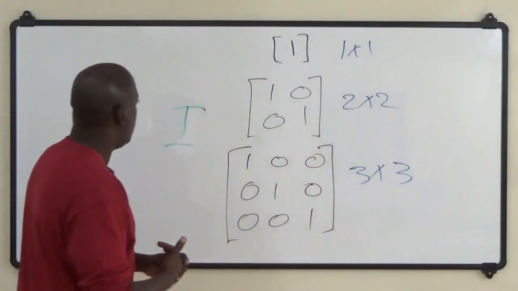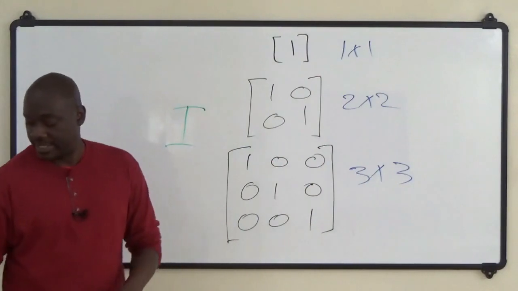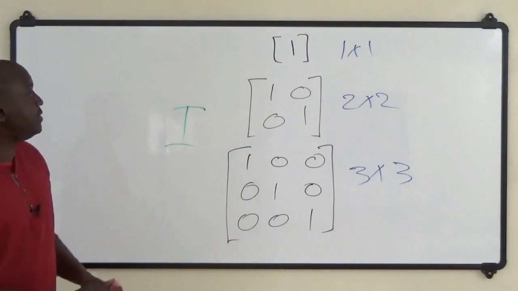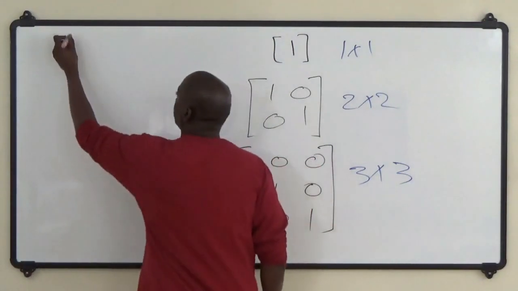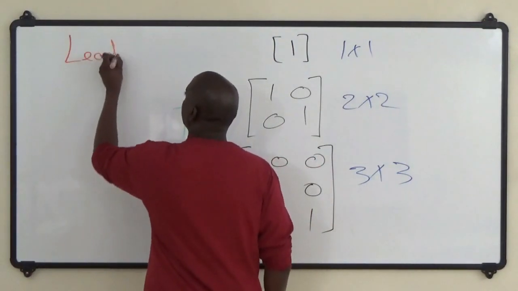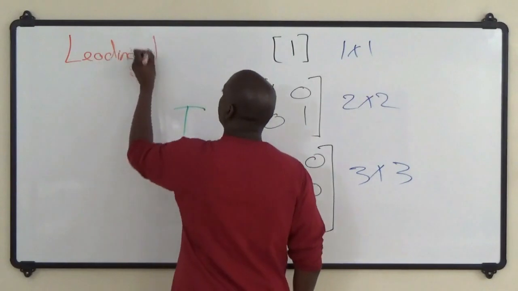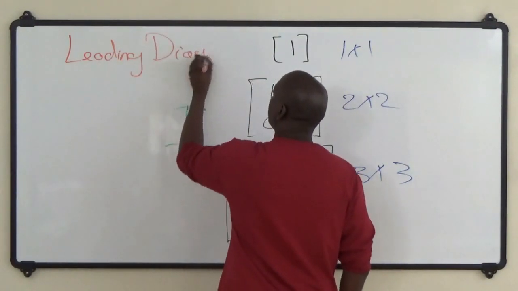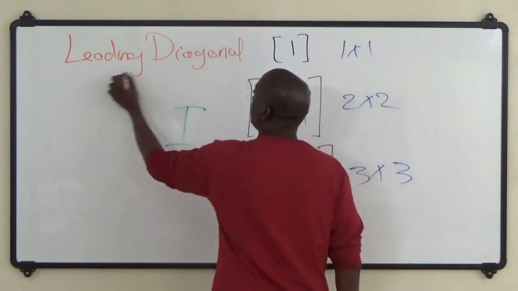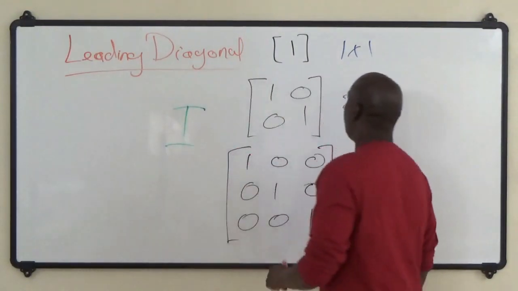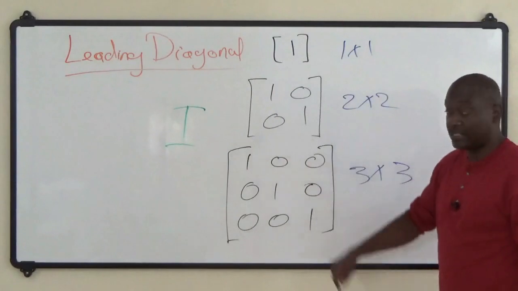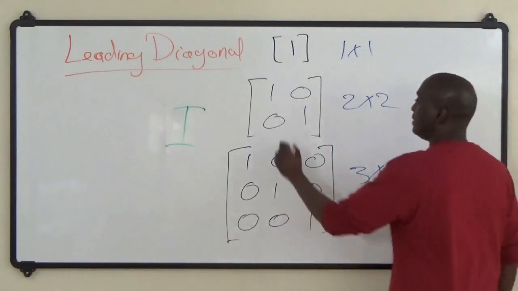All right? Now, the next thing we have to mention here is what we refer to as, and I'm going to write it here now, the leading diagonal. Right? If you have any doubts about what the leading diagonal is, all you have to do is watch the diagonal with the ones in the identity matrix.